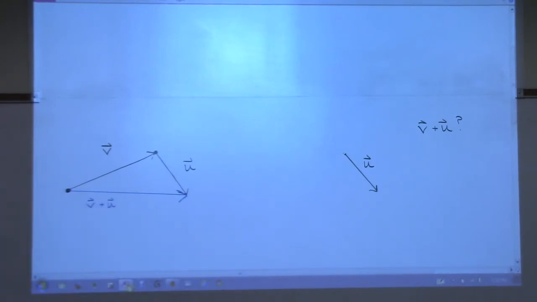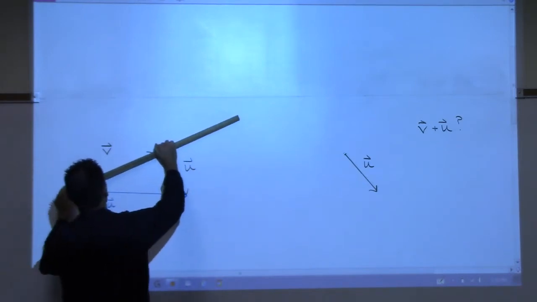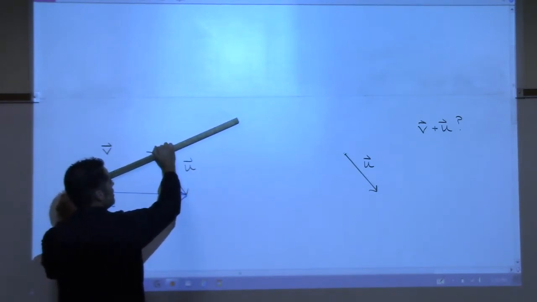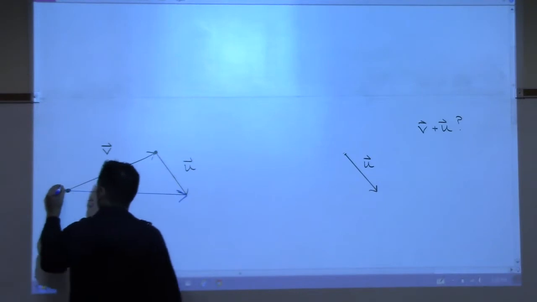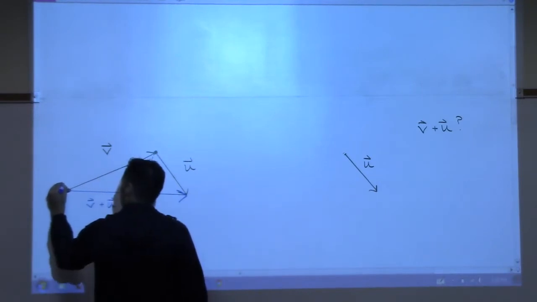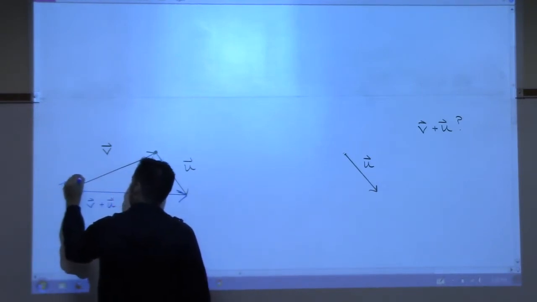All right, now that's not the only thing I could have done. I didn't mention this also: this was the tail of V, down here.